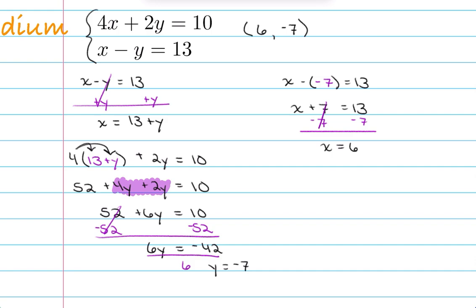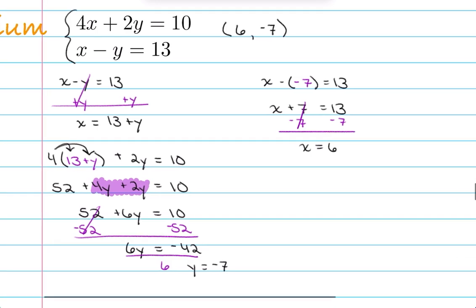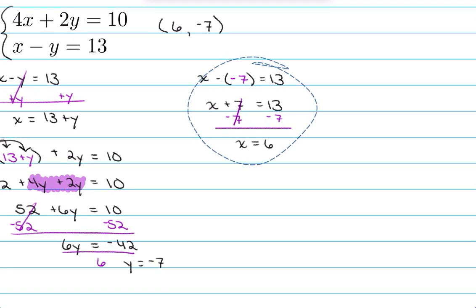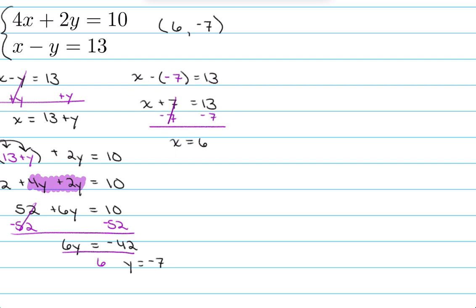Okay. So once again, just to make sure I got everything correct, I'm going to move this over here a little bit more, and I'm going to check my answer. I'm going to plug my 6, negative 7 coordinate in for both my x and my y.